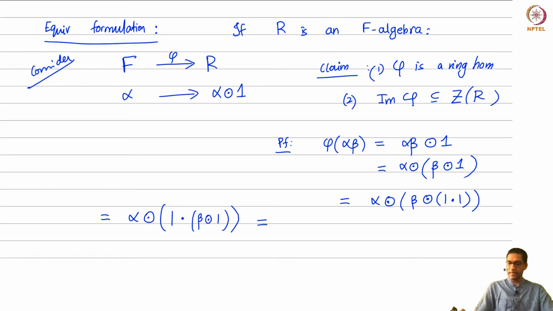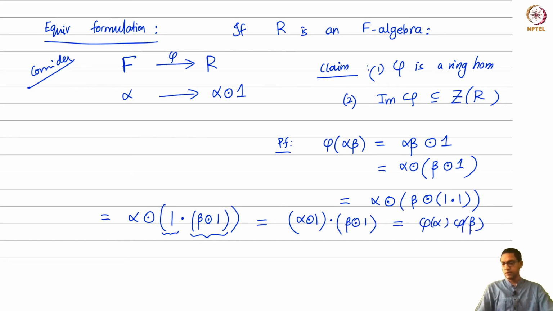Now finally, think of this as some ring element, and this as some ring element, and alpha scalar multiplying that is the same as alpha multiplying the first element and that multiplied by the second element. So this is exactly phi of alpha times phi of beta, which shows one of the properties of a ring homomorphism.